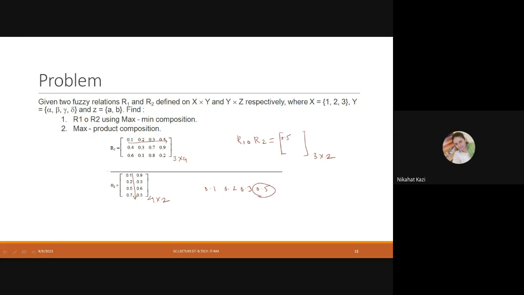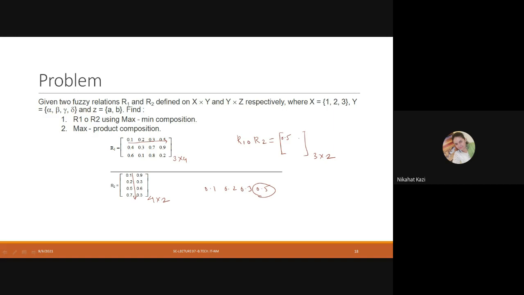Similarly, find out this one. For finding this, which row and which column will you take? First row and second column, right? So min of this and this is 0.1. Then you have 0.2, 0.3, 0.3.